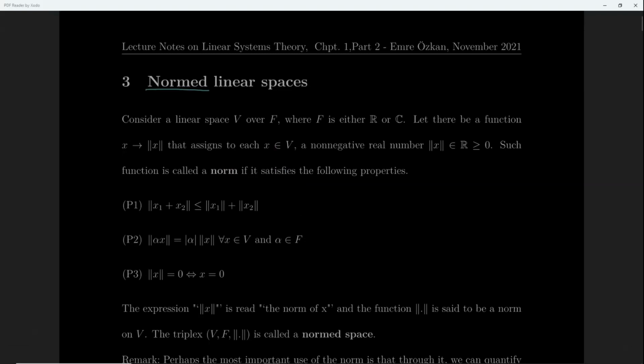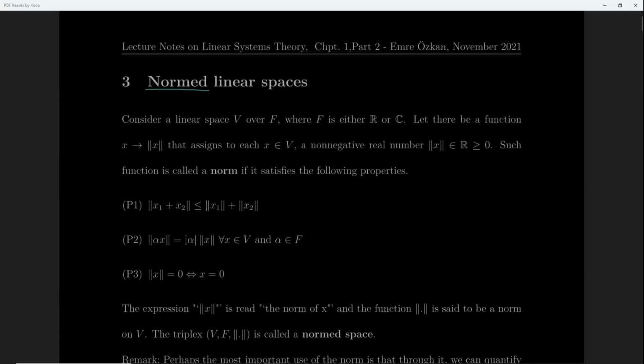So consider the linear space V with a specified field F, and our field is either the real numbers or the complex numbers, and we will be defining a function for every vector x, which we denote as norm of x, that assigns to each vector x a non-negative real number.